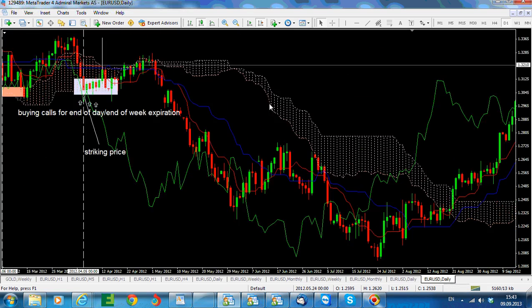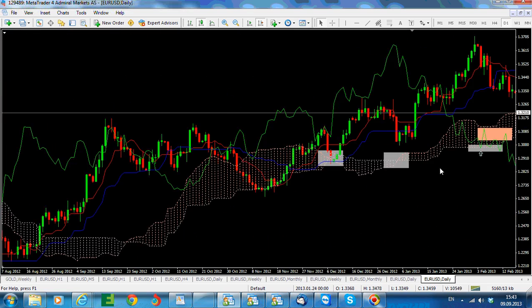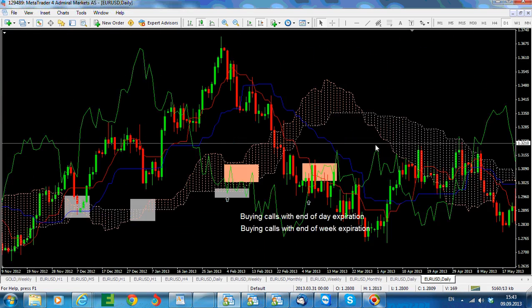Because sometimes, like it was the example on the previous recording here, sometimes price is breaking out of the bottom of the cloud there, but doing that, it doesn't mean that the bounce is not going to come. It means that you should look 26 periods before for the possible bouncing for the Chinko here to the upside, and there you go, the bouncing for the actual price to the upside as well.